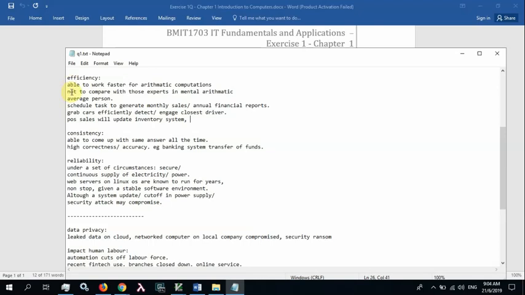And those are experts. We're talking about an average person compared with a machine. So that makes a difference. Scheduled tasks to generate monthly reports: you build a task in, and then it's able to recognize that this is the time to execute, and it will just run on its own. Most notably for managerial monthly reports, sales, all that.